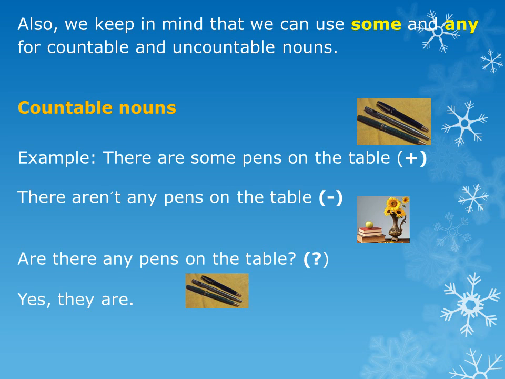In this case, we use any because the sentence is negative. In the interrogative way, we say, are there any pens on the table? In this case, as we see in the picture, we answer, yes, there are.